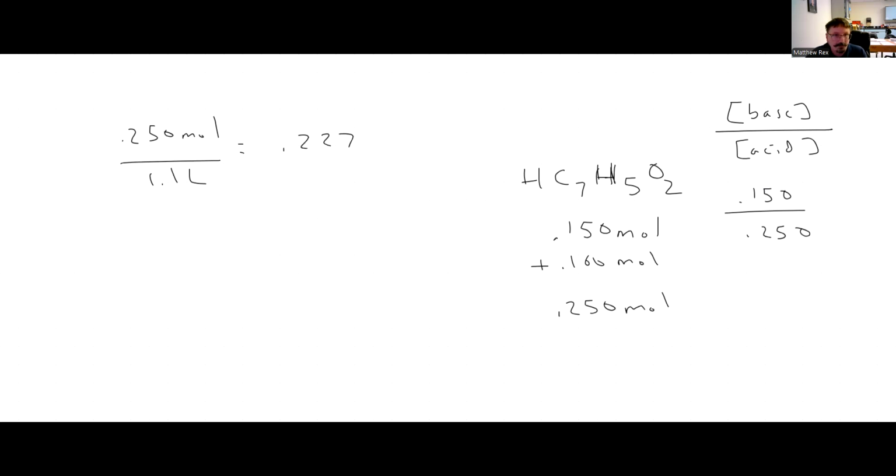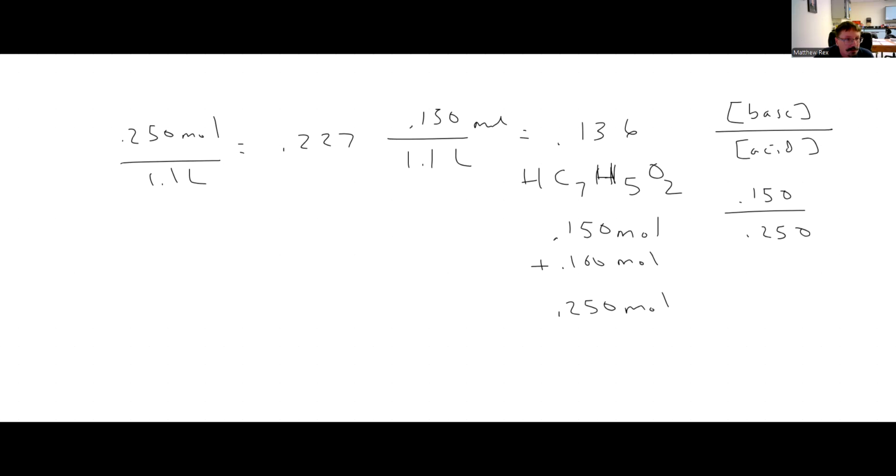And then same thing for the base, 0.15 over 1.1, and that's 0.136. So you'll notice, we had some amount of the conjugate acid, some amount of the conjugate base still, so we can still use our Henderson-Hasselbalch equation.